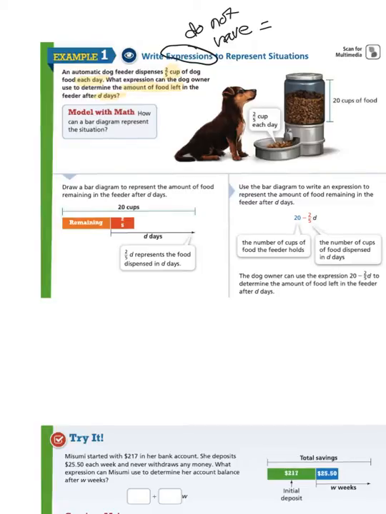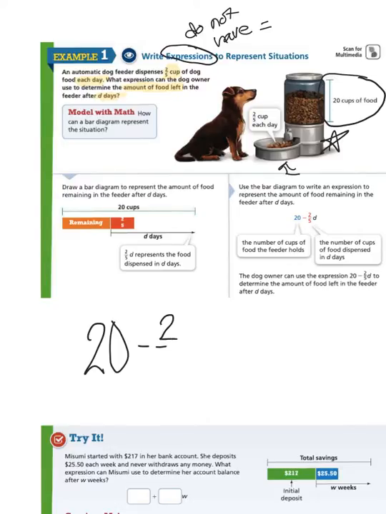So when we're looking at this, what are we talking about? Well, we know that there are 20 cups of food in this container right here. So we know we have 20 cups of food. And we know that the dispenser dispenses 2/5 a cup each day.